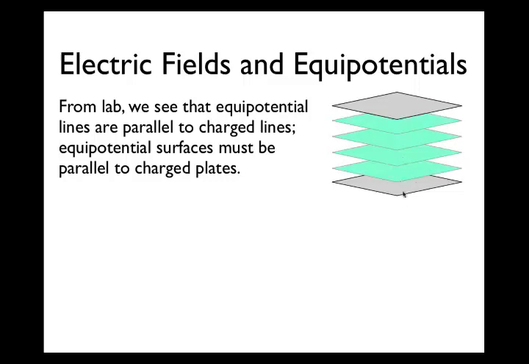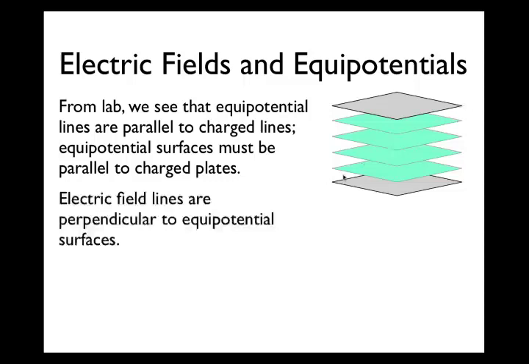So let's say the bottom plate was at a potential of 0 volts, and the top plate was at a potential of 10 volts. Well, then these surfaces, which are imaginary surfaces, they're in space, would represent places where the electric potential would be like 2 volts, 4 volts, 6 volts, 8 volts, and then finally 10 volts once you reached the top plate of this system.